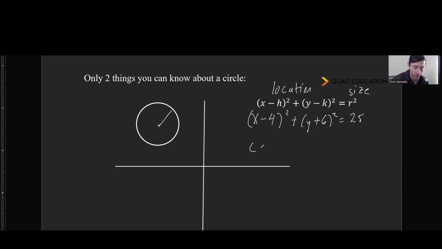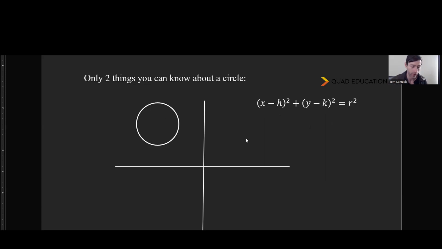So the center there is just the opposite of -4 is +4 for the x-coordinate, and the opposite of +6 is -6 for the y-coordinate. So (4, -6) is the center of the circle, and the radius is even easier. It's just the square root of 25, which is 5. So that's just a circle centered on the point (4, -6) with a radius of 5, which is really easy to visualize. Okay, let's clear that out and look at one more point about this.